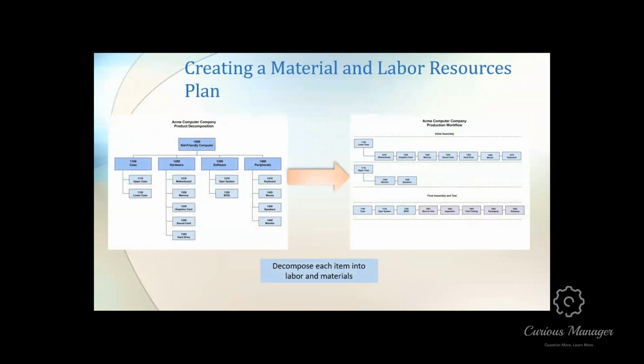So when we create a material and labor resources plan, you can go from the product decomposition and the production workflow. When you have your product decomposition, if you remember correctly, the top level we had 1100, 1200, 1300, 1400, the peripherals.